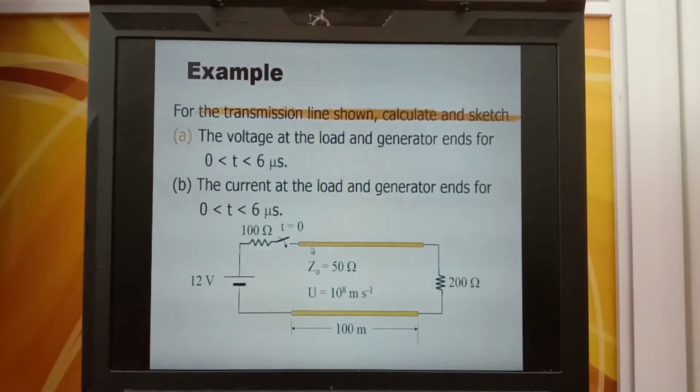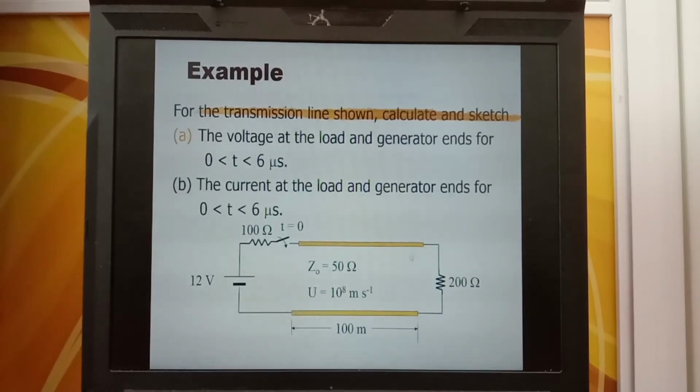We have a transmission line with a characteristic impedance of 50 ohm, and the propagation velocity is 10 to the power 8 meter per second. The length of the transmission line is 100 meter.